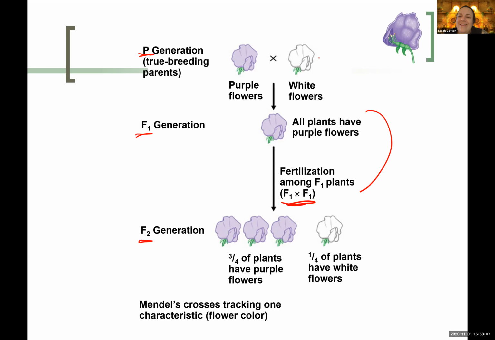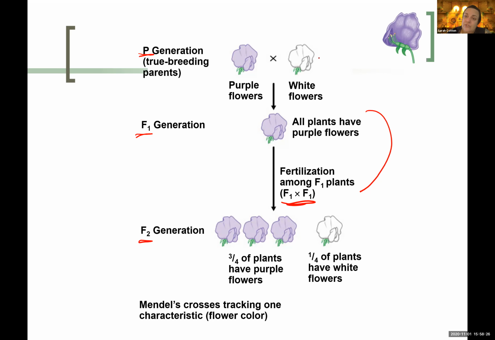What that means, the terminology that we use to describe that phenomenon, is we say that the purple flowered allele is dominant to the white flowered allele. So the white flowered allele we say is recessive.